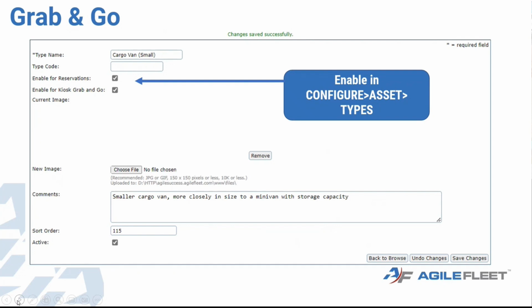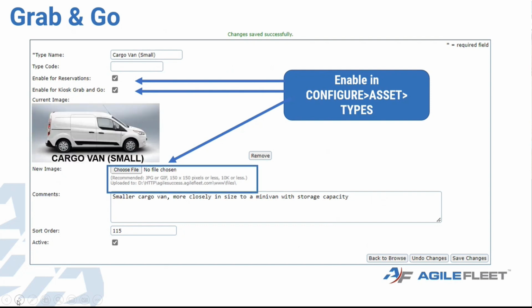And so first of all, part of that is that you enable them for reservations so that that vehicle type can be considered. You need to also enable for grab and go if you're going to use that function. We also highly recommend, to make checking out easier, that you add a picture of that vehicle type, so that at the first part of the screen they'll see what type of vehicle they're getting, not the specific vehicle, but the vehicle type.